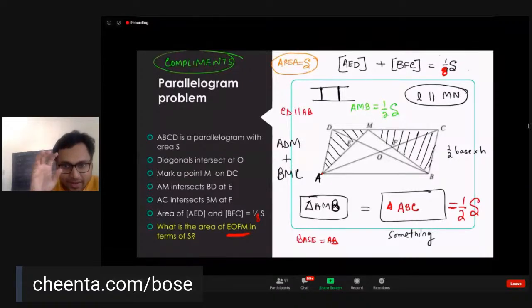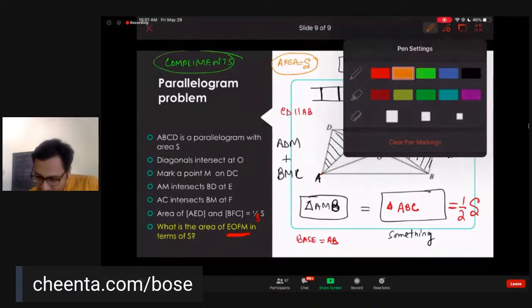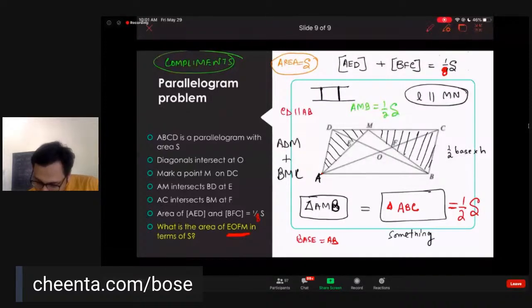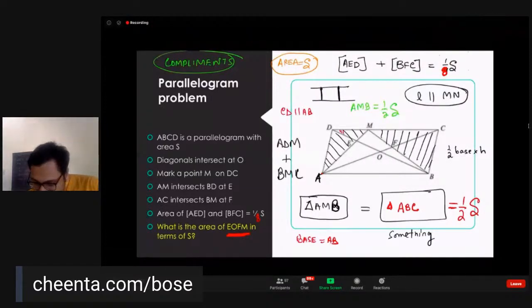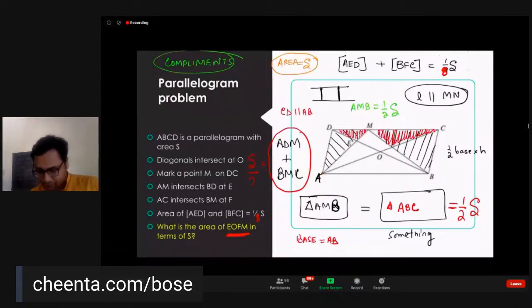Okay, great. Now let's focus on this little part. Maybe I can draw this in red. What is the area of this little part and this little part? ADM plus BMC turned out to be S over 2.